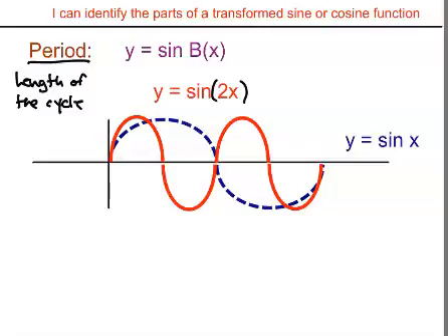If you're multiplying by 2, you would think that it would stretch, but it does the opposite. So this is really the same as a horizontal shrink. It's the same thing as that.